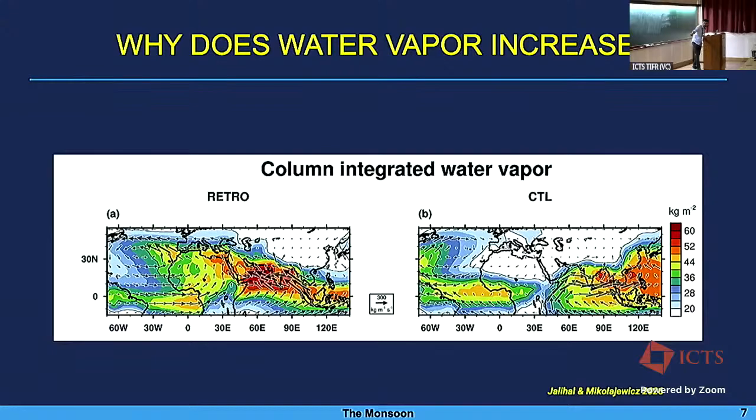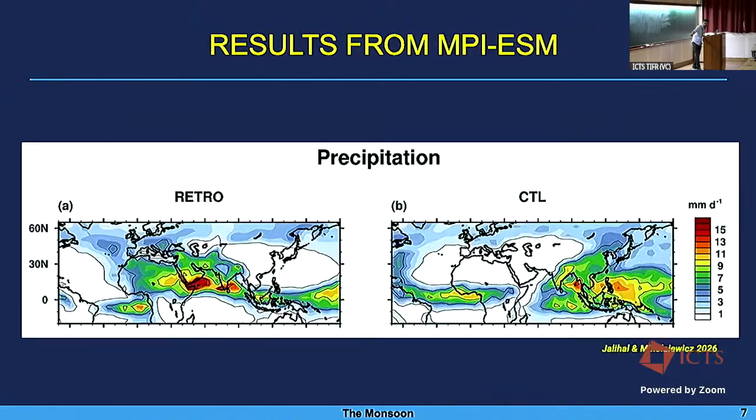So you will see quite a lot of rainfall over the Arabian Sea, and following the gradients in moisture, precipitation decreases as you go west.